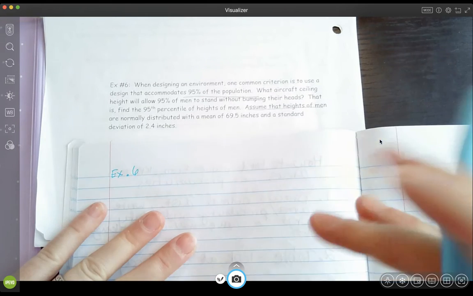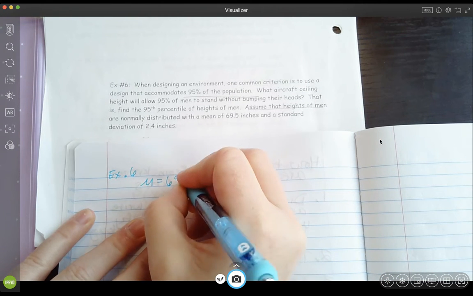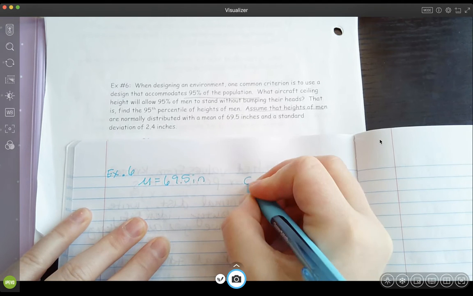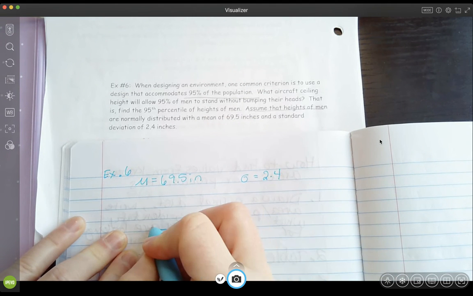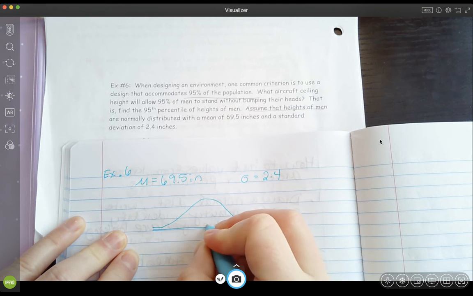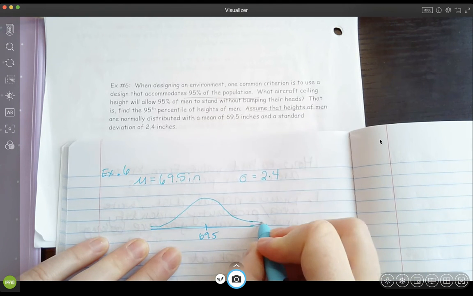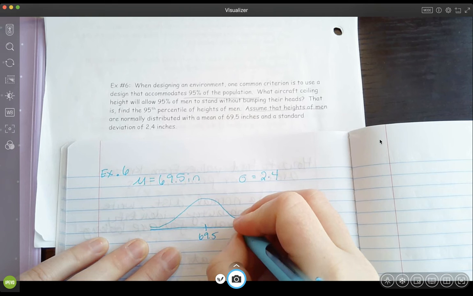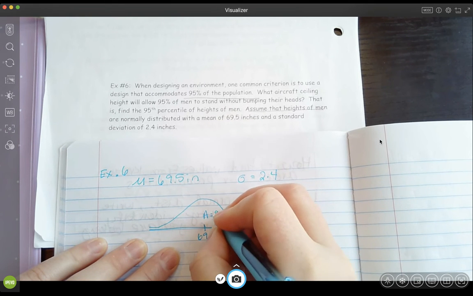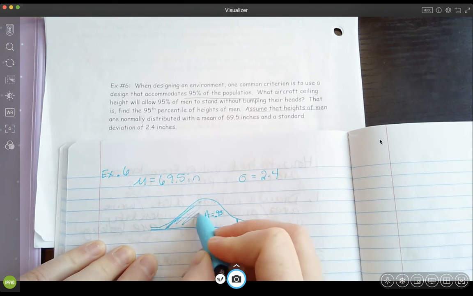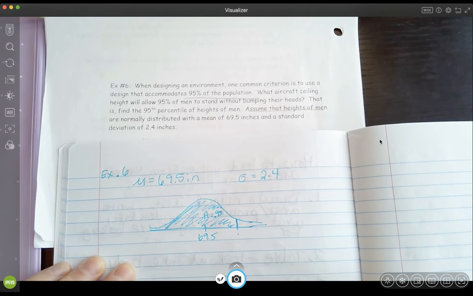Okay, so we have the mean is 69.5 inches and standard deviation is 2.4. We want it to accommodate 95%, so the area is 0.95 for all of this.